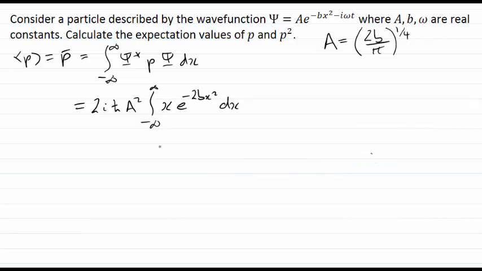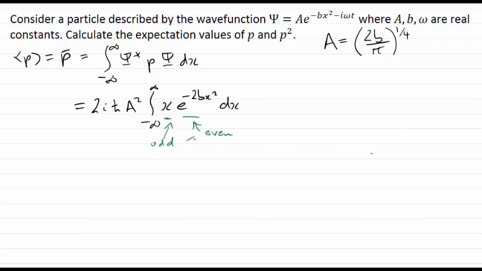It's useful in such integrations where we're going symmetrically about the origin to check the symmetry of the thing we're integrating. And this function here, you should see, is an even function. It only involves x squared. And this factor here is an odd function. It will certainly reverse sign compared to on the right hand side of the origin to the left hand side of the origin.